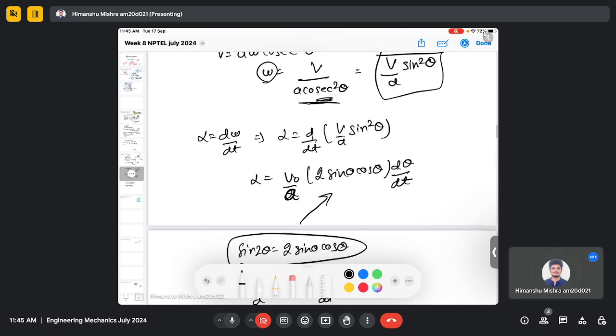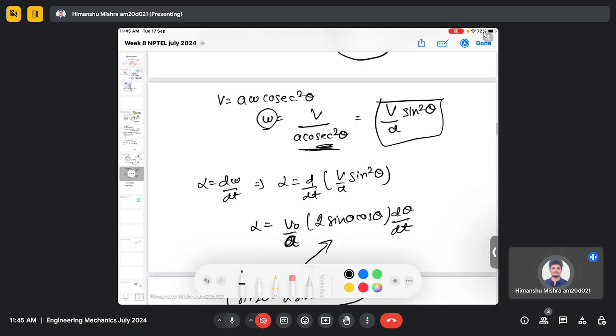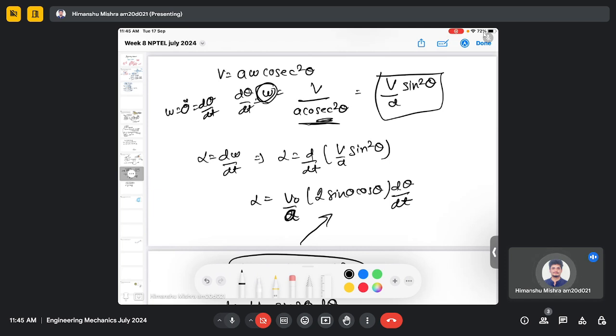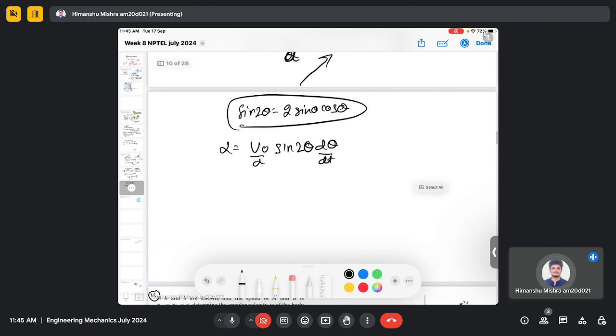And this omega, as we wrote in the previous question, is d theta by dt. So this d theta by dt is actually v by a sine square theta, and we can substitute here. So we get alpha equals v naught by a sine 2 theta times v naught by a sine square theta.